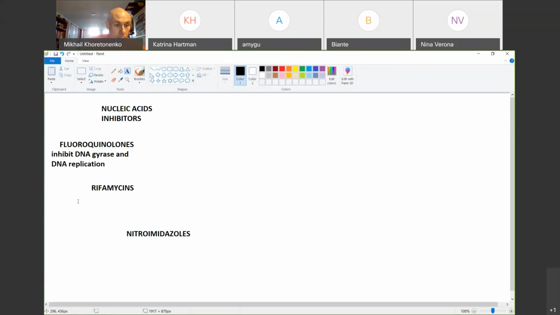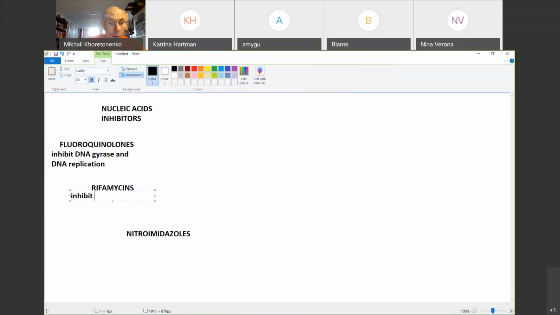Rifamycins inhibit RNA polymerase and transcription. Nitroimidazoles, for what we know, may lead to DNA degradation, may inhibit DNA synthesis. Okay, that makes it for nucleic acid inhibitors.